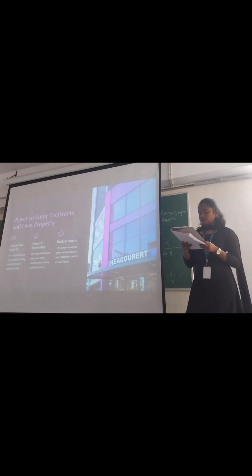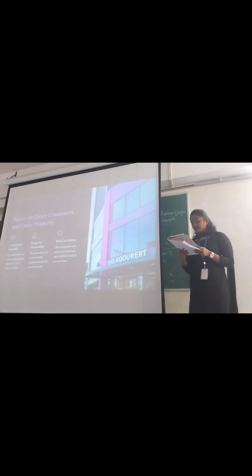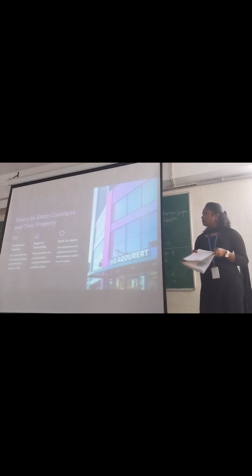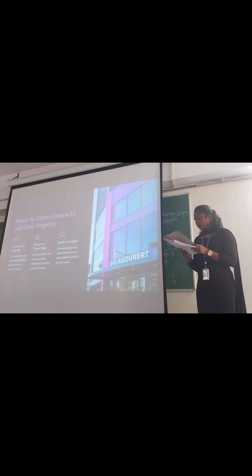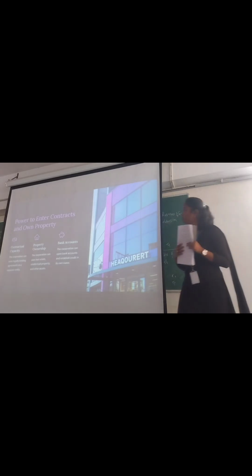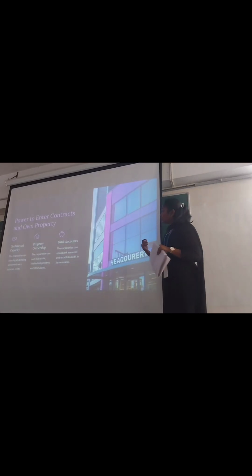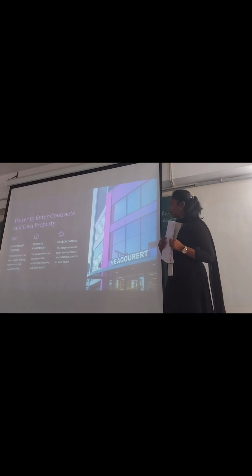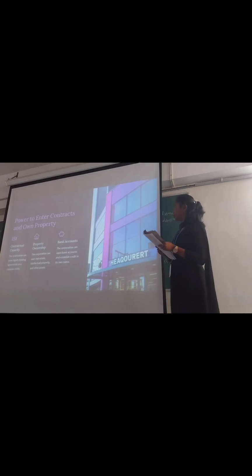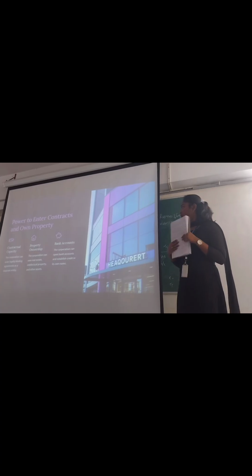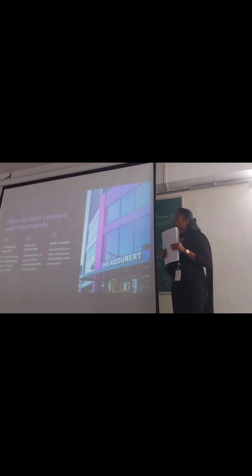The next one is property ownership. A single person buys a house and has the property deed registered in his name. He has full control and rights over the property, which is known as property ownership. The third one is a bank account. The corporation can open a bank account and establish credit in its own name. The person can open his bank account and establish credit in his own name.